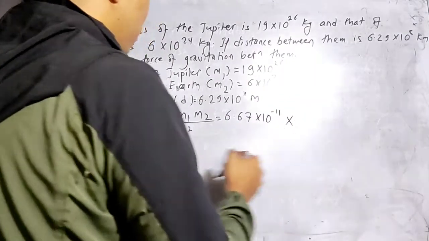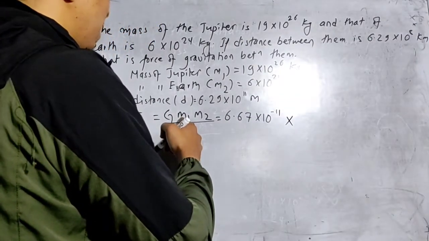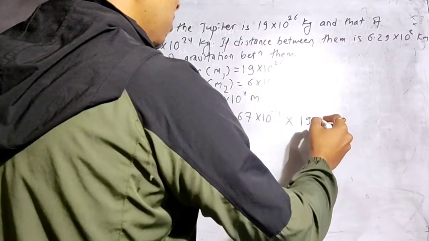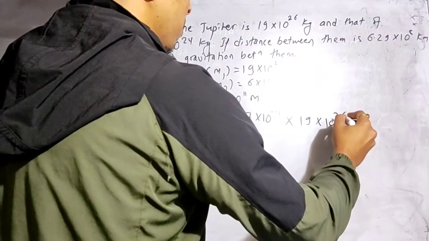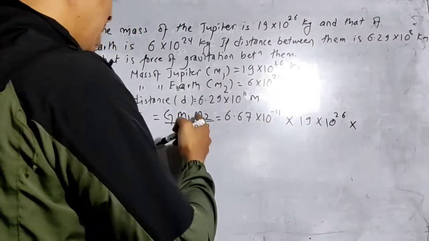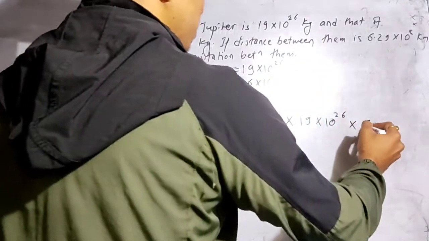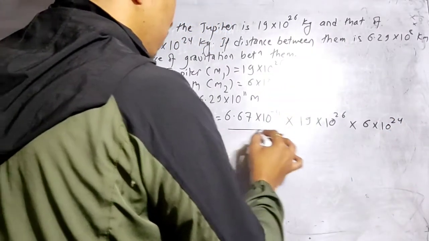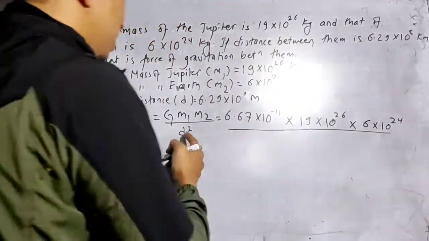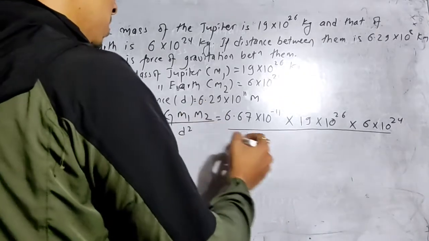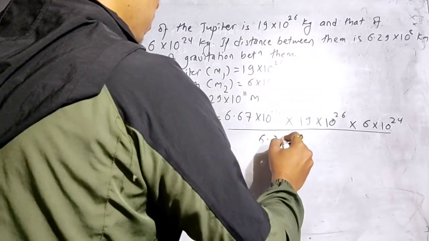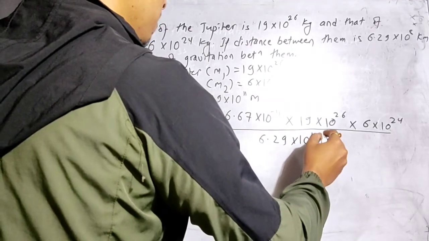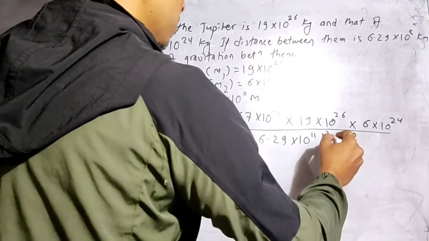Now look at the mass. The value of M1 is 19 into 10 to the power 26, into M2 is 6 into 10 power 24, and let's divide that by D square, that is 6.29 into 10 power 11 meter, that whole square.